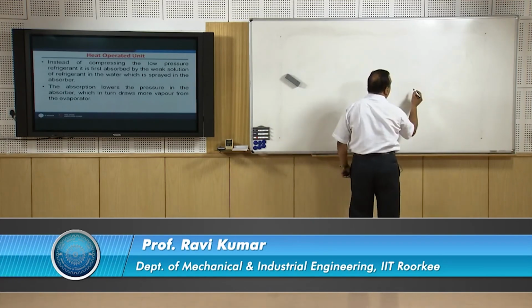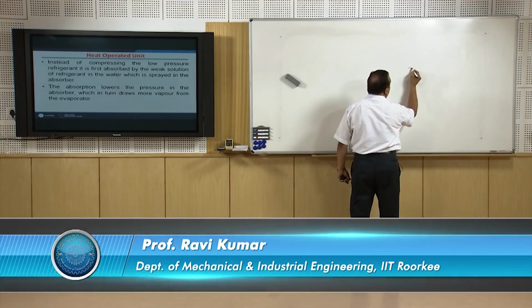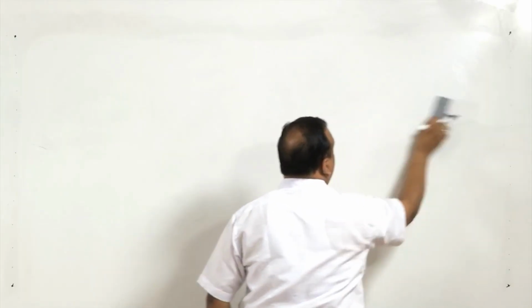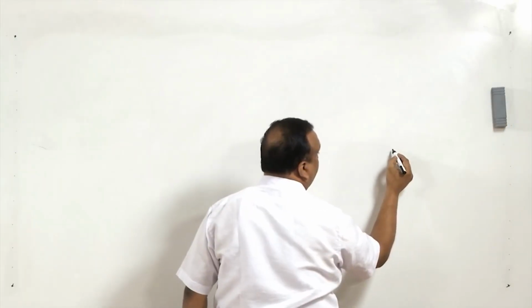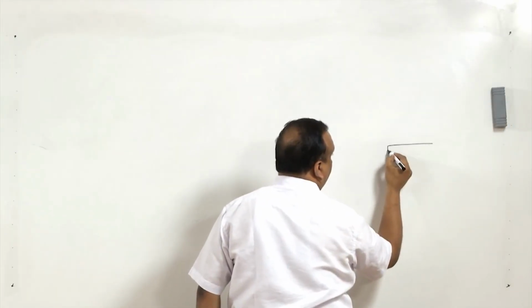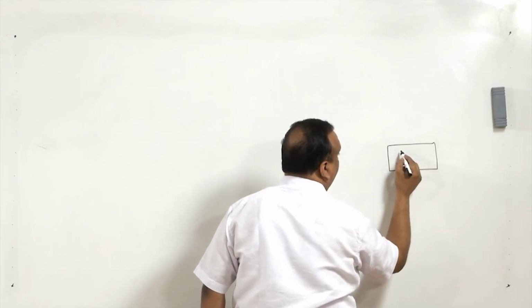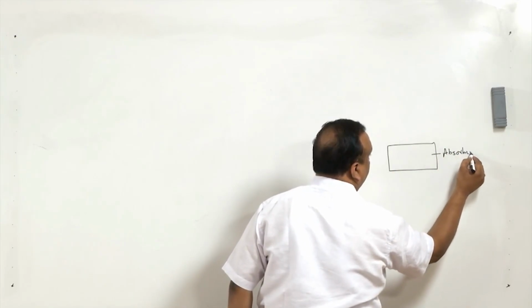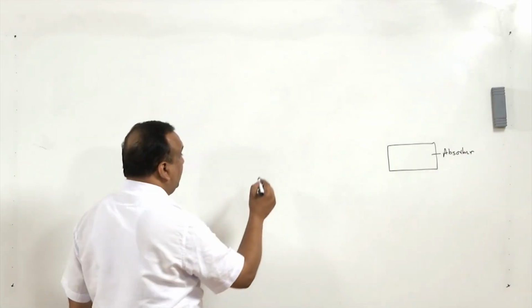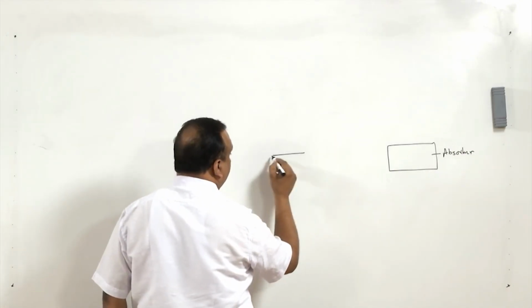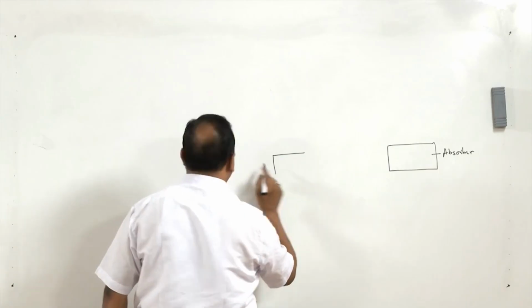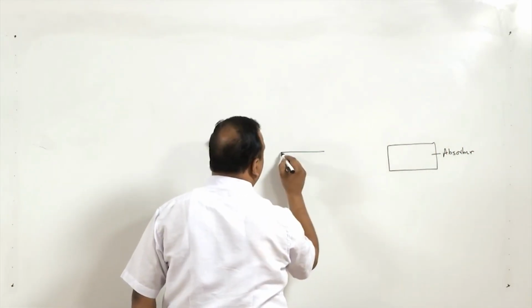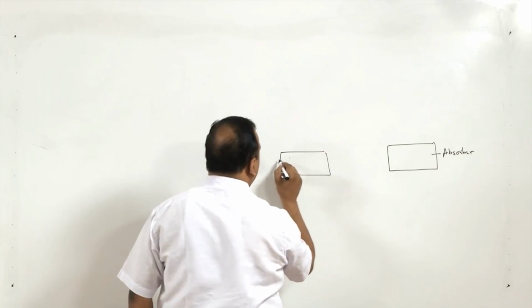So, in order to have a continuous cycle, there has to be one absorber, where vapor will be absorbed, coming from evaporator. This is evaporator.